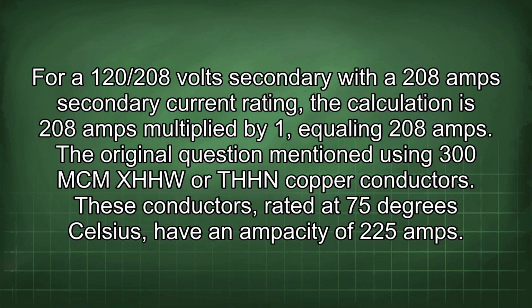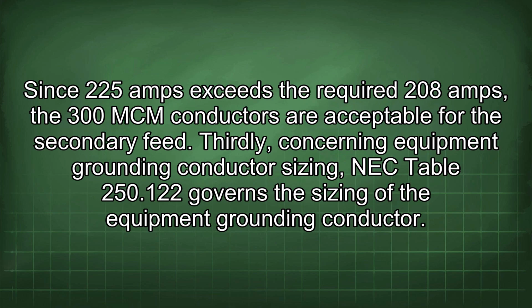The original question mentioned using 300 kcmil XHHW or THHN copper conductors. These conductors, rated at 75 degrees Celsius, have an ampacity of 225 amps. Since 225 amps exceeds the required 208 amps, the 300 kcmil conductors are acceptable for the secondary feed.